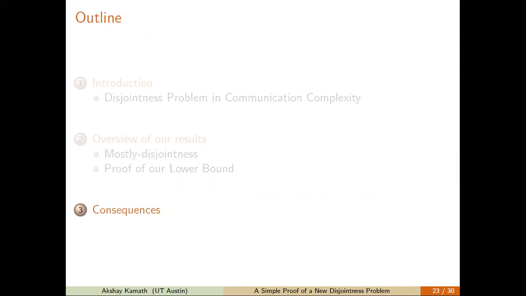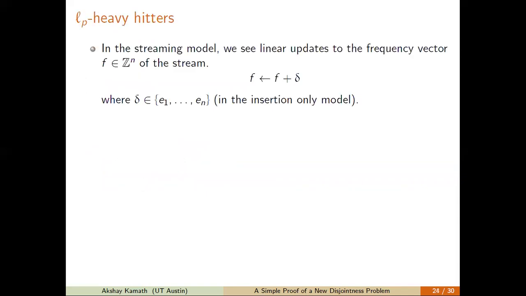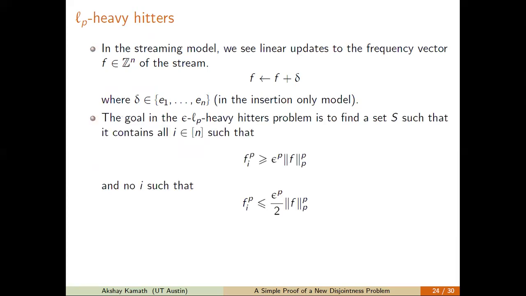So what are the consequences of proving this new lower bound for this new problem? The first consequence is in the area of LP heavy hitters. So in the LP heavy hitters problem, we once again want to find something about the frequency vector of a stream, and we are looking at this only in the insertion only model.